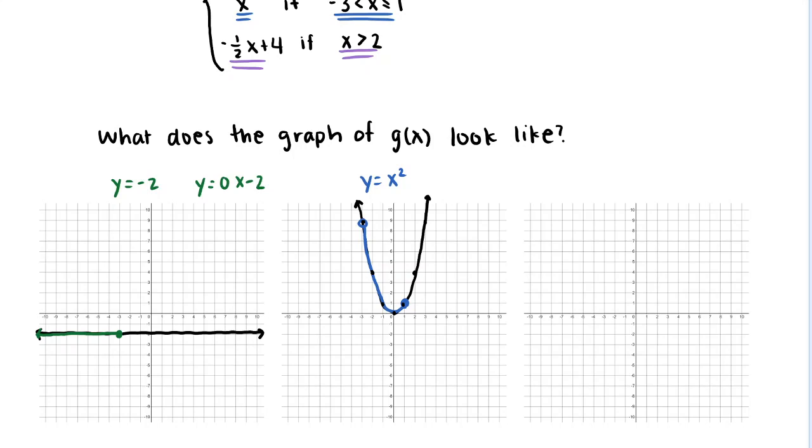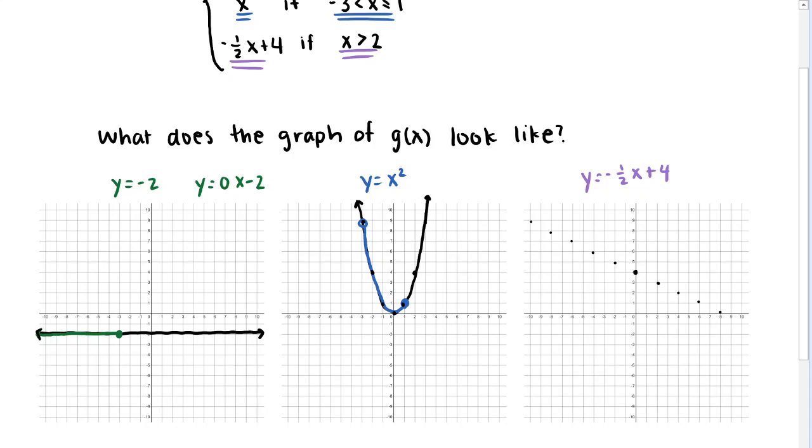And then lastly, we've got this line y is equal to negative 1/2 x plus 4. Right, so here it's a line with a y-intercept of positive 4, 0, 4, and a slope of negative 1/2, so down 1 over 2, down 1 over 2, down 1 over 2. A lot of points here, but that's okay.